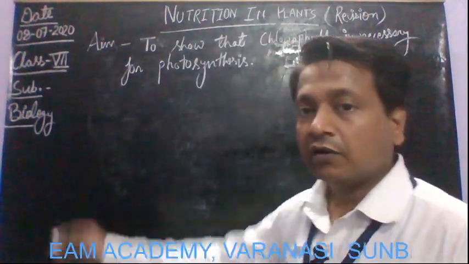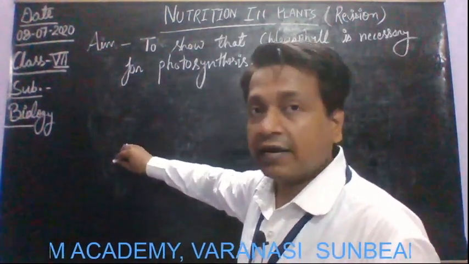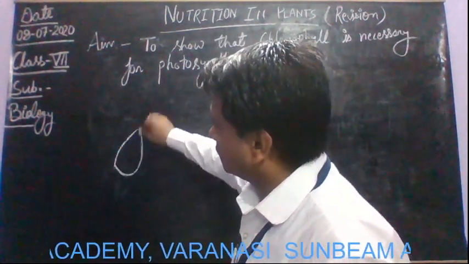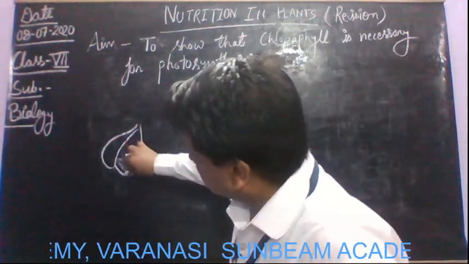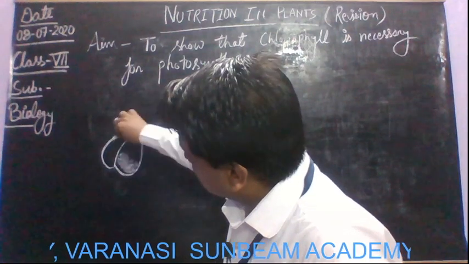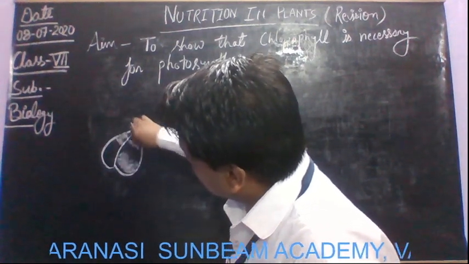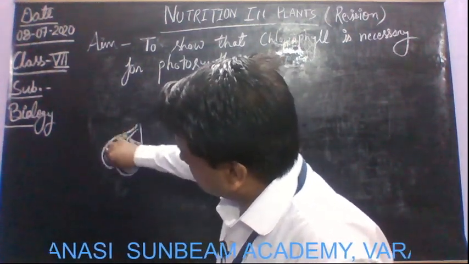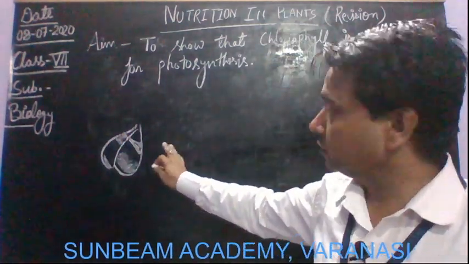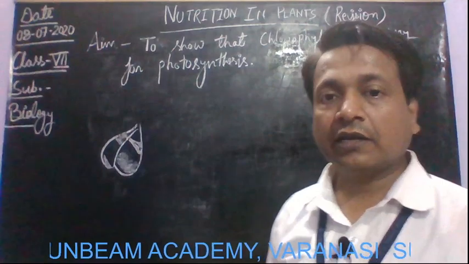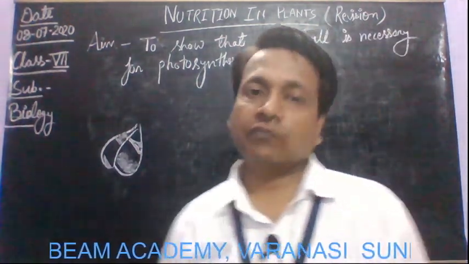So first of all, we'll select a money plant leaf which has spots of either yellow or white color. The rest of the procedure will be the same.